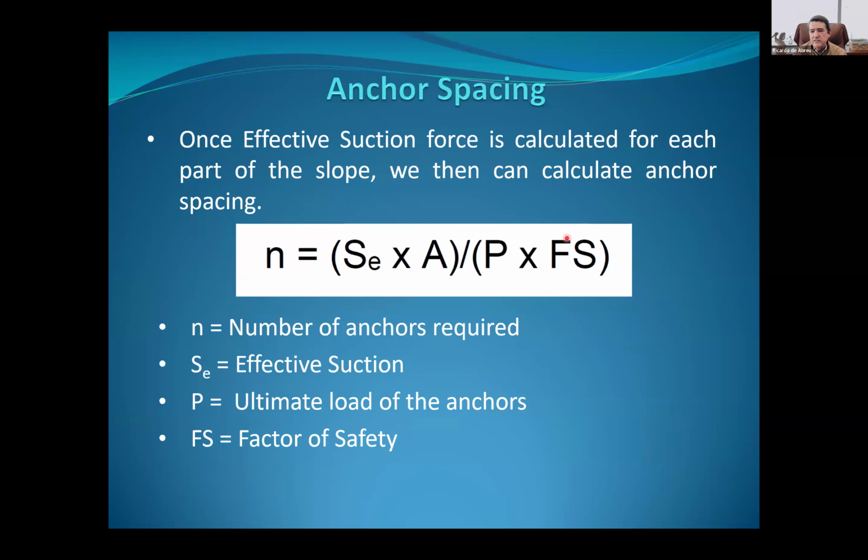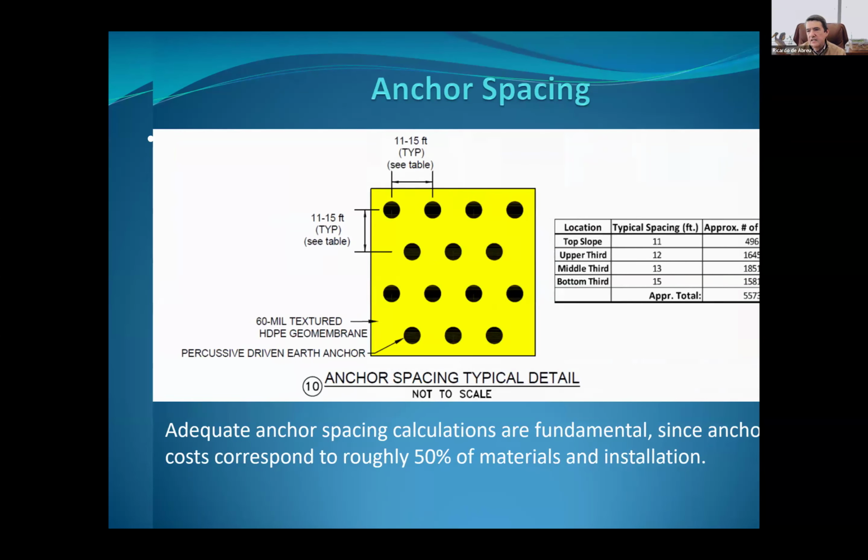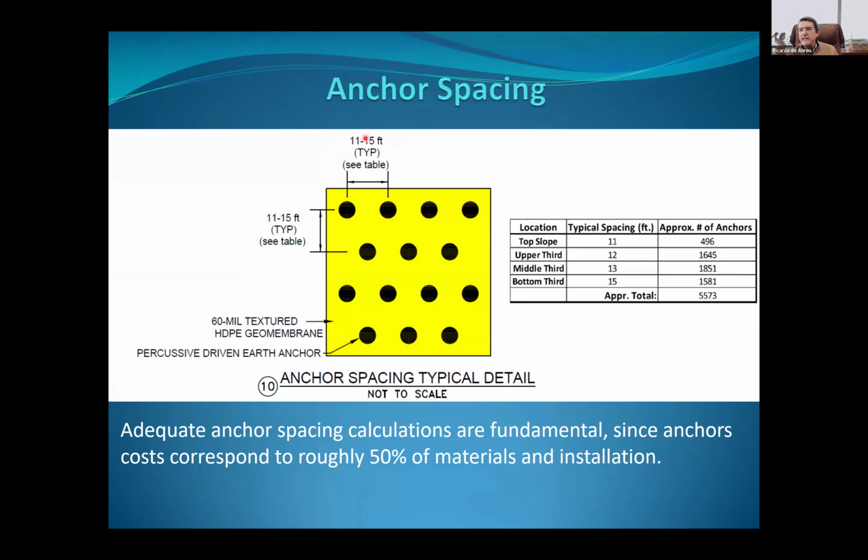You have your safety factor, and then you can calculate the number of anchors required in a certain area. It's pretty straightforward. In this case, we have anchor spacing between 11 and 15 feet. On the top of the slope, you have a typical spacing of 11 feet, and in the bottom third you have 15.